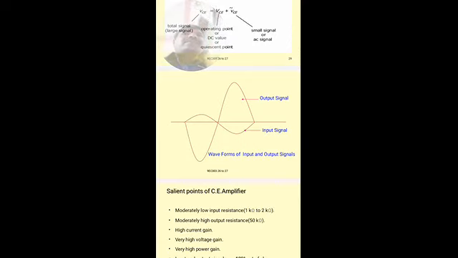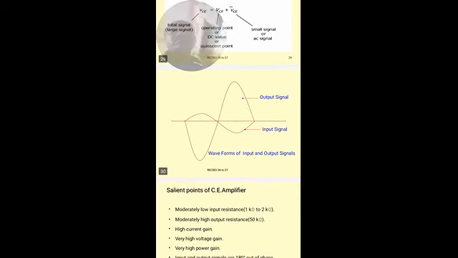because with the increase in the magnitude of the input signal during the positive half cycle, the collector current increases during the positive half cycle, but the collector to emitter voltage decreases during the positive half cycle of the input voltage. So there is a decrease in the output voltage during the positive half cycle of the input signal.